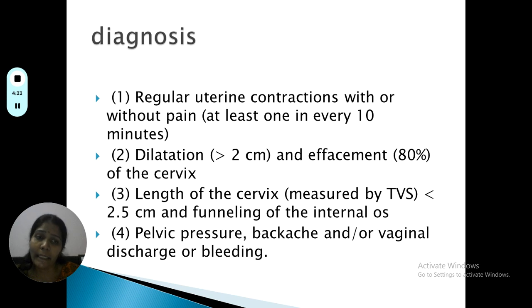The cervix should be more than 80% effaced and more than 2 centimeters dilated. Length of the cervix as measured by TVS, transvaginal scan, is less than 2.5 centimeters and there is funneling of the internal os. Then there is pelvic pressure, backache or vaginal discharge or bleeding. So these are the diagnostic criteria when you can suspect that she is in a preterm labor.